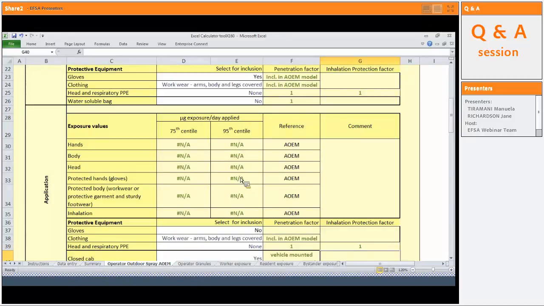Well, as I said, again, the issue of PPE certified coverall is given in the guidance, but not included in the calculator. No, because we know the characteristics of a normal workwear, as defined, as I mentioned before.